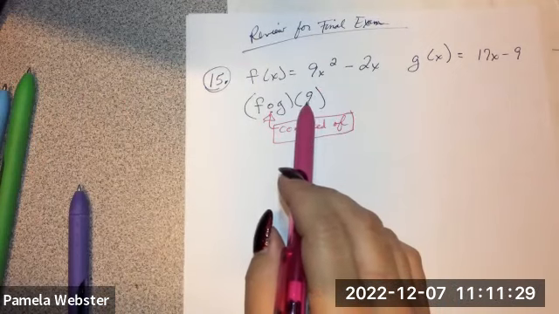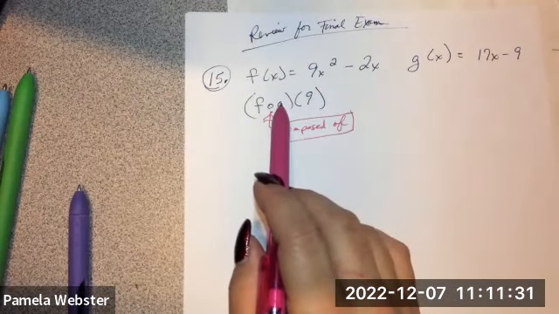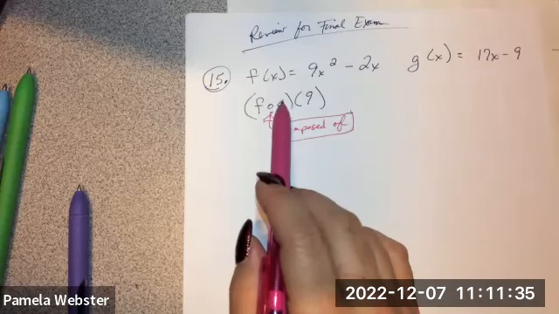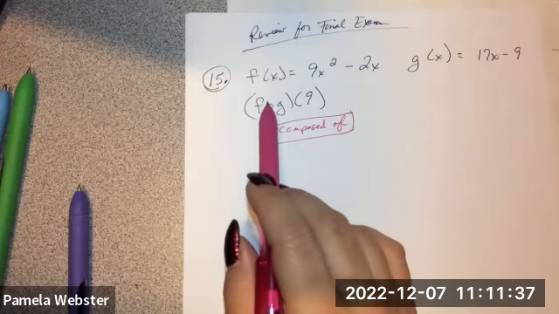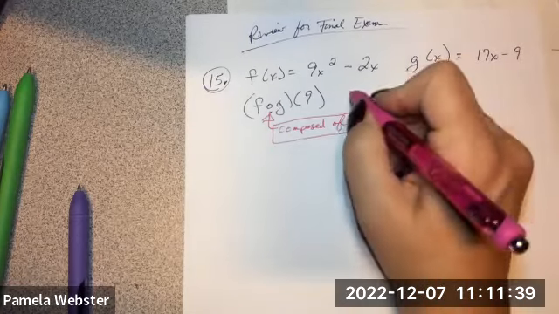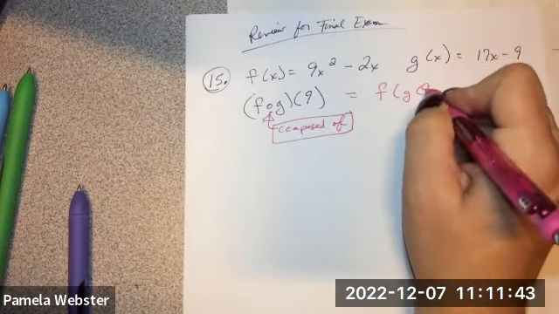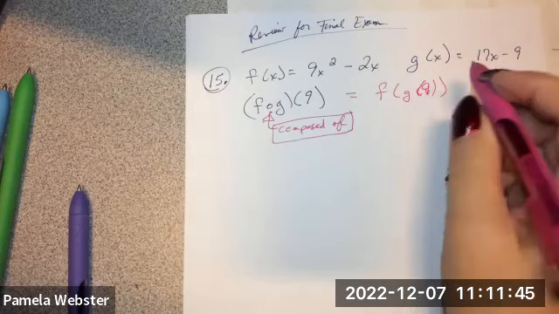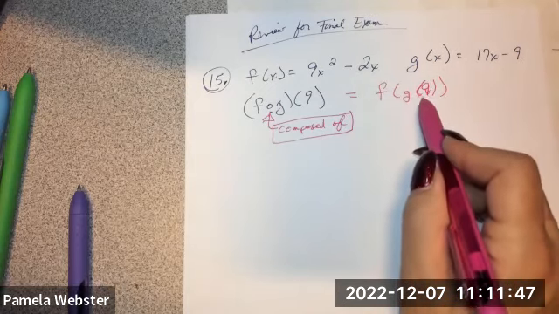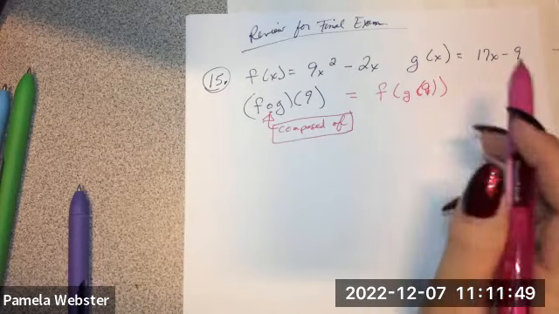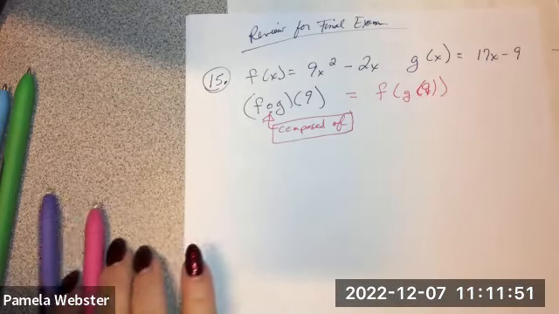So the 9 is going to go into the g function, and then whatever I get out of that, that g of 9, is going to go into the f function. So the equivalency looks like f of g of 9, right? So g of 9, plug that in, and then plug in whatever I get from that into the f guy.